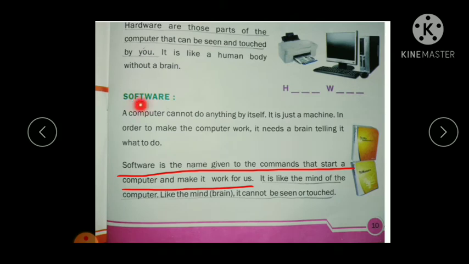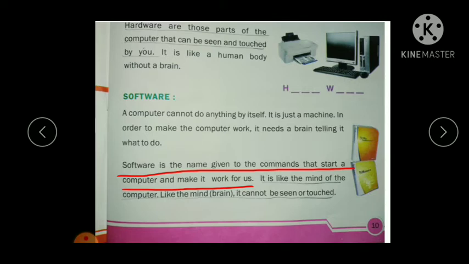Next, what is software? Software is just the opposite of hardware. We learnt hardware means those parts of the computer that can be seen and touched. But software is just the opposite. We can't see it and we can't touch it.